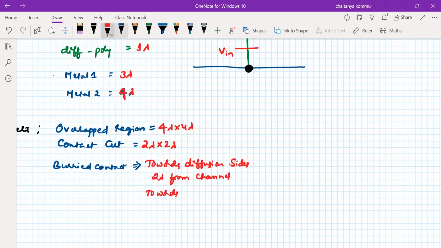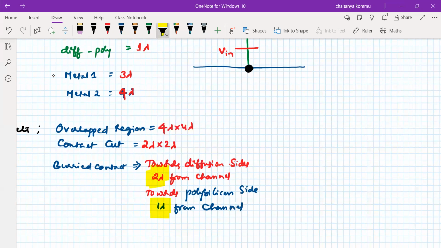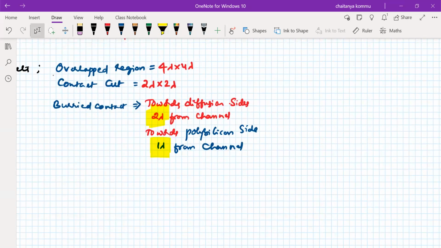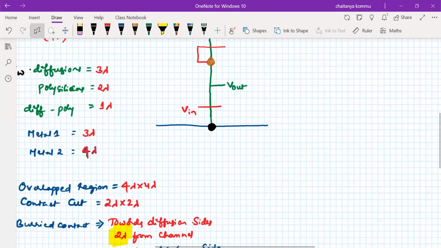Towards polysilicon side, 1 lambda from channel. So that's what you have to remember. This is very important, 1 lambda, this is 2 lambda. Okay, and the butting we are not interested to do right now, so I am not interested to write in this at this point. Okay, fine.